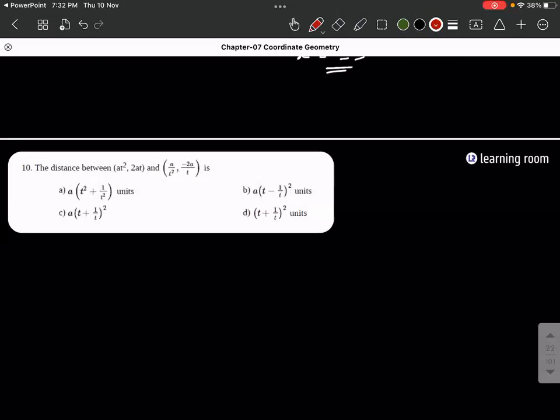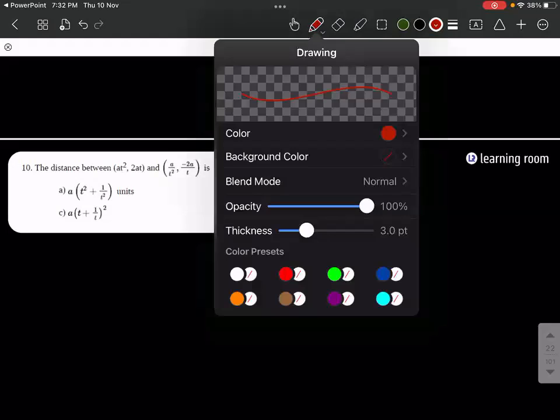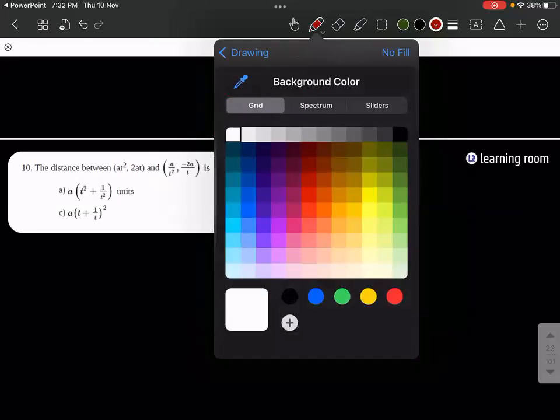So the distance between (at square, 2at) and (a by t square, minus 2a by t). Two minutes time. Do it fast. Just apply the distance formula. That's enough. It is slightly higher order thinking skill.